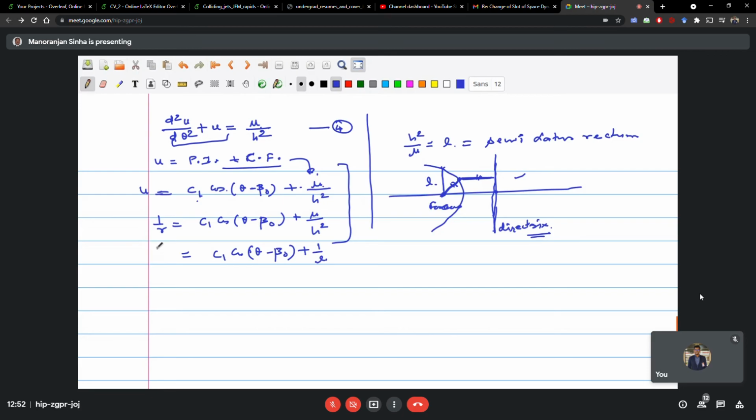Divided by L, we want to express it in this format, which is the standard equation of a conic section. So we just need to rearrange it.